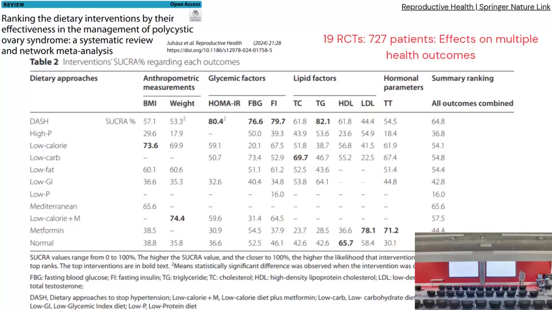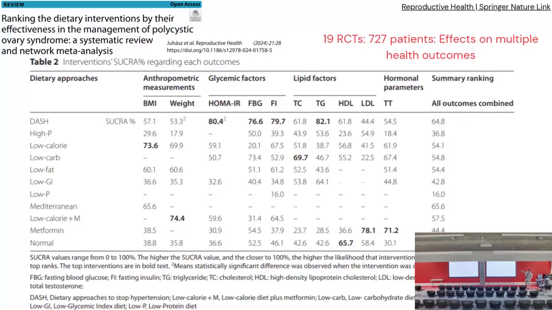But what happens when we start looking at other markers beyond just weight loss? So this study here, it's a review and meta-analysis. I'm not going to try and pronounce the name on this. Looks at 19 randomized control trials, 727 patients, and they looked at multiple outcome markers, okay? So we've got BMI and we've got weight loss.